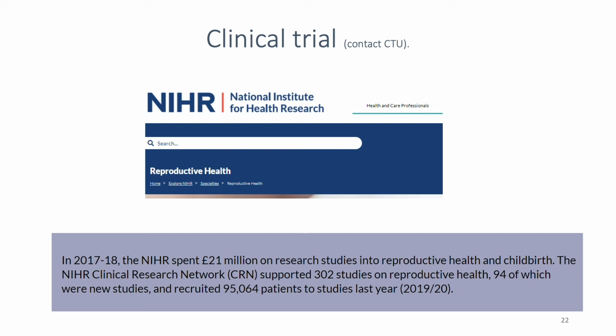So there's a very, very active clinical research network in reproductive health. However, very few of those are actually done on assisted conception. So although there were 95,000 patients recruited to studies in that year, very few actually were for assisted conception. It is very challenging to do studies in this arena.